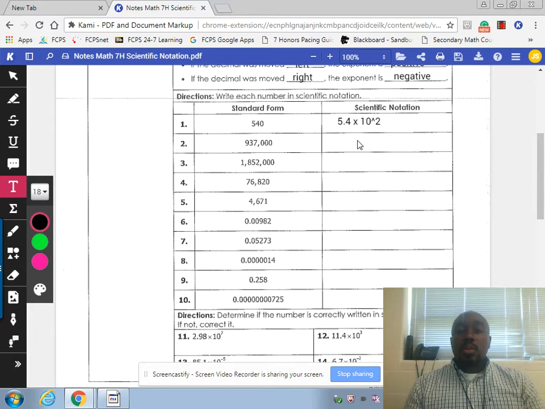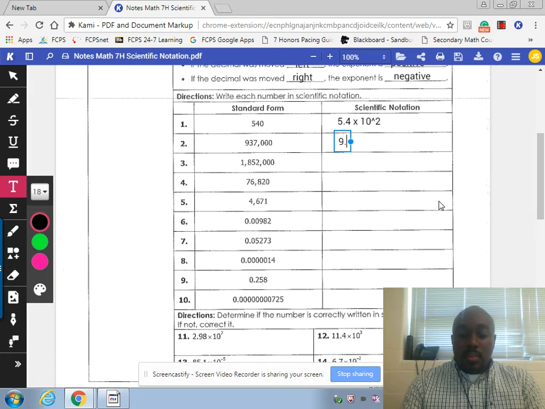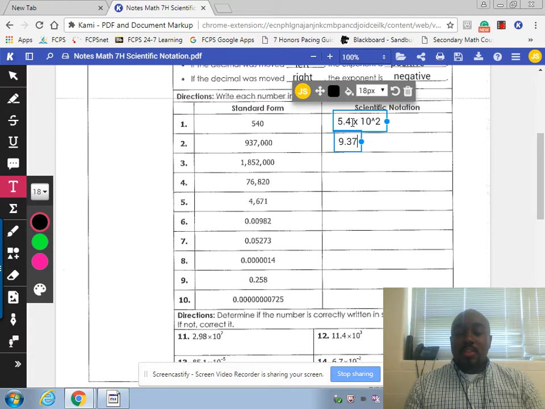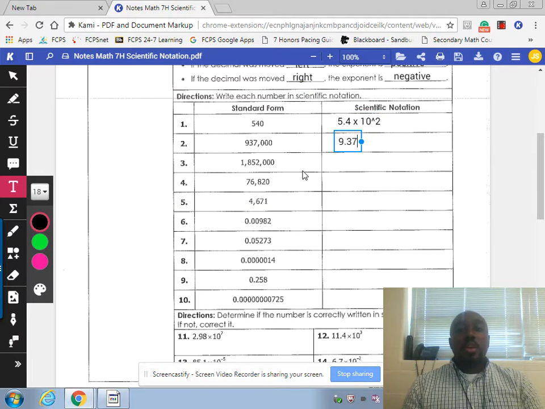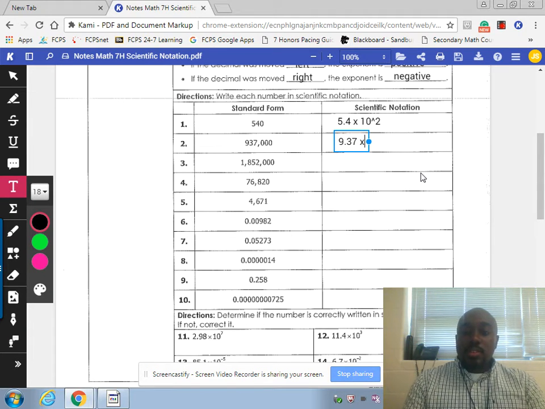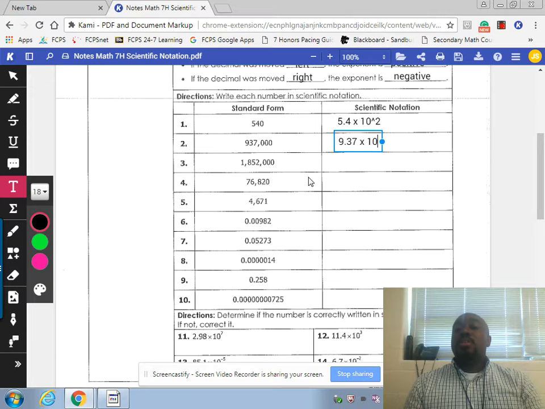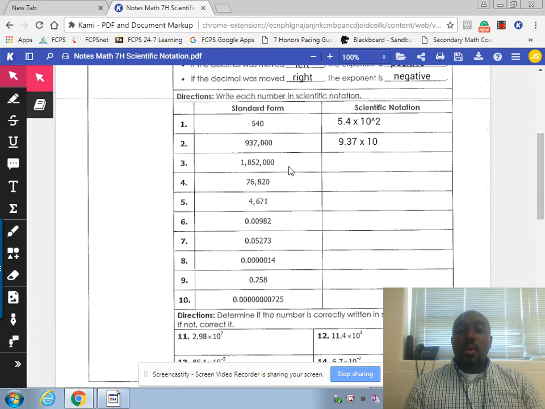So we want to write that number in scientific notation. When we have 9.37, notice just like on the last one, I didn't write that 0 at the end. You don't have to write those zeros. But we have 9.37 times 10. And remember, your exponent is always how many times we moved our decimal. We moved it 1, 2, 3, 4, 5 spaces.